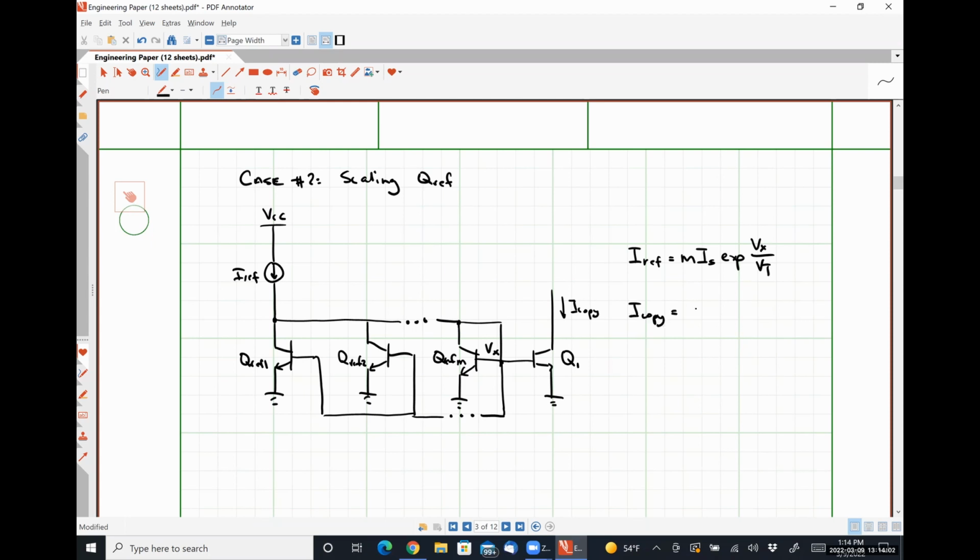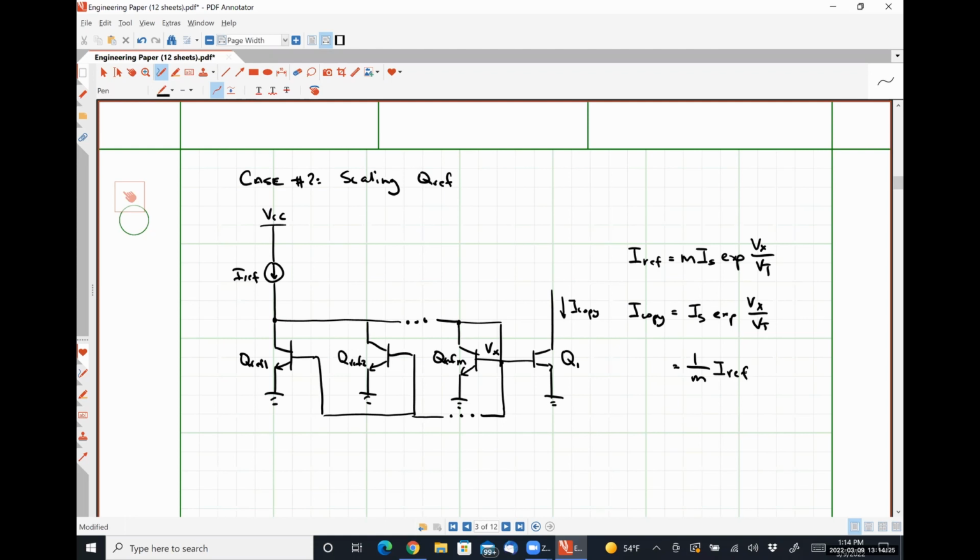I copy is IS times EXP of Vx over Vt, which comes out to be 1 over M times our reference current.